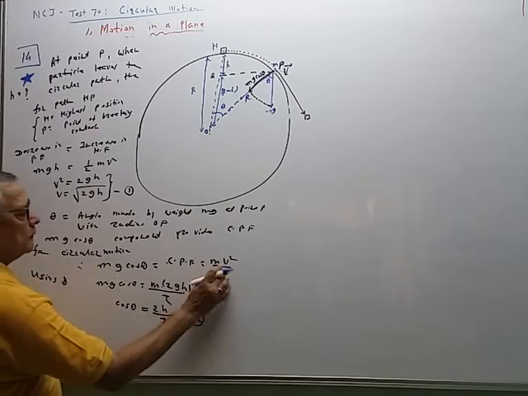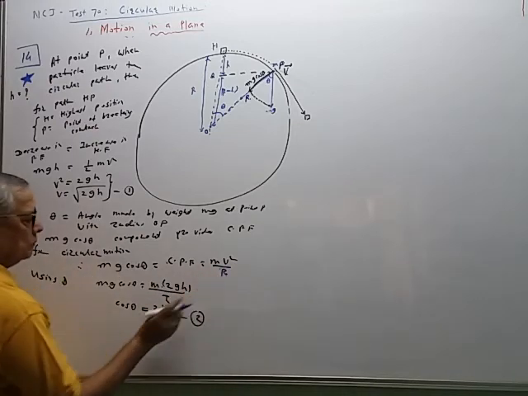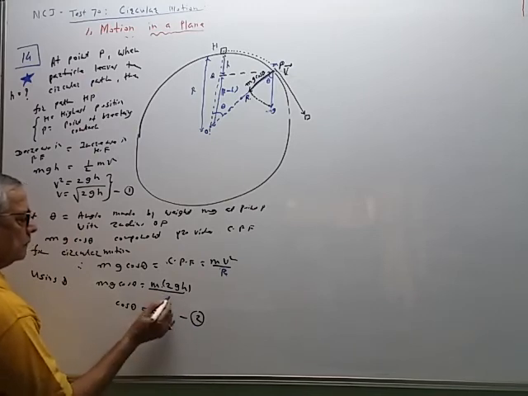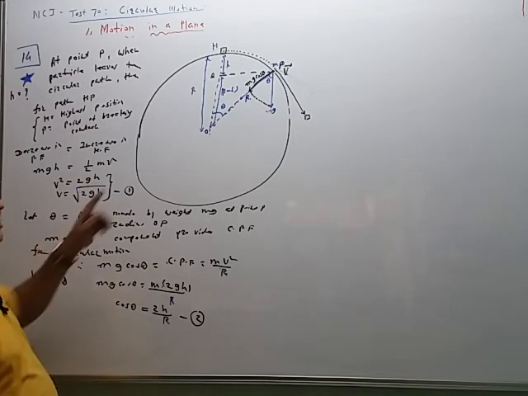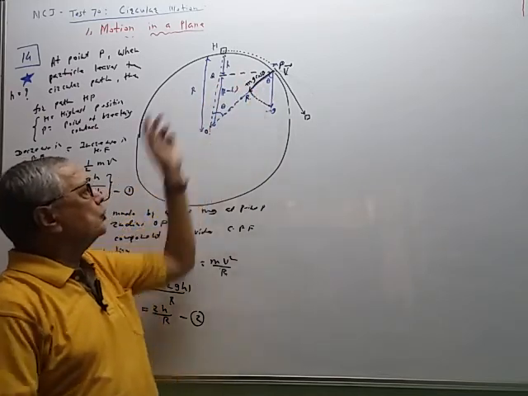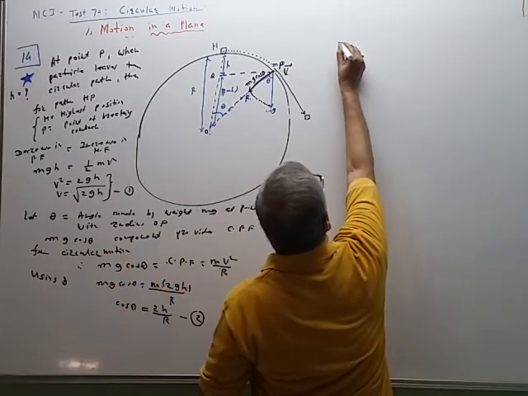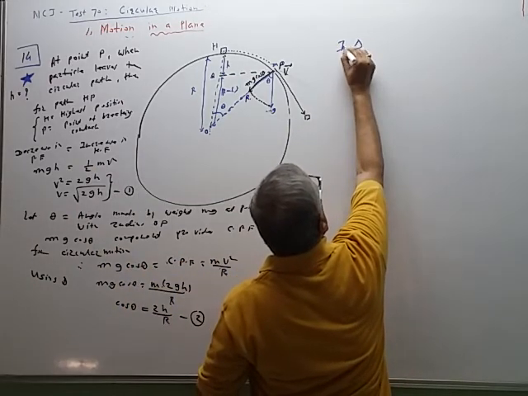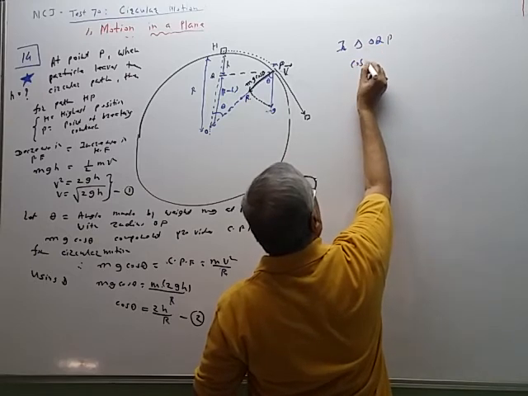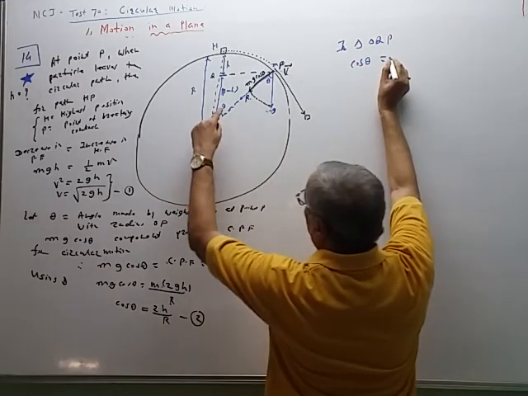This is capital R. Radius is denoted by capital R. Now see this triangle OPQ. In triangle OQP, what is cos theta? One more relation for cos theta.